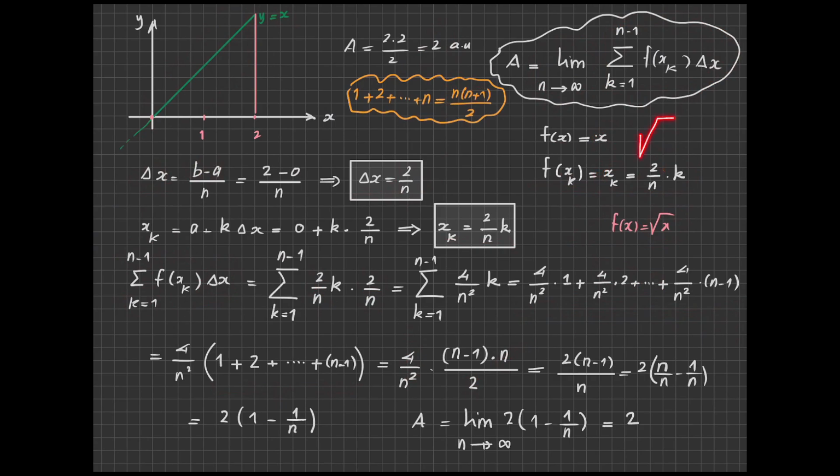It becomes the square root of 2 over n, this one. So instead of having these numbers, I will have the square root of 1, the square root of 2, up to the square root of n minus 1. And there is no formula for this. There is no closed formula that I can write without those dots. You see, here the 3 dots are gone. This expression is equal to this expression without having these 3 dots.